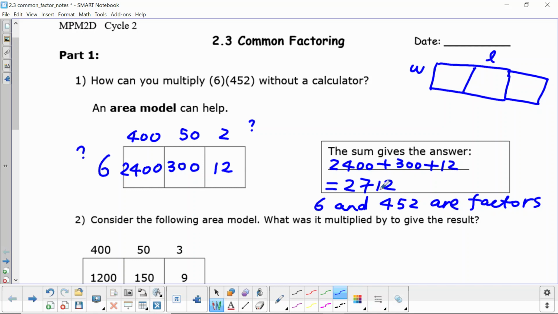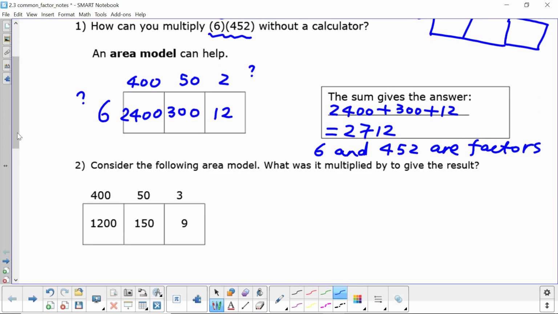That's the reason we call this factored form. And factoring means we want to find the factored form. So from here we go backward, and that is factoring.